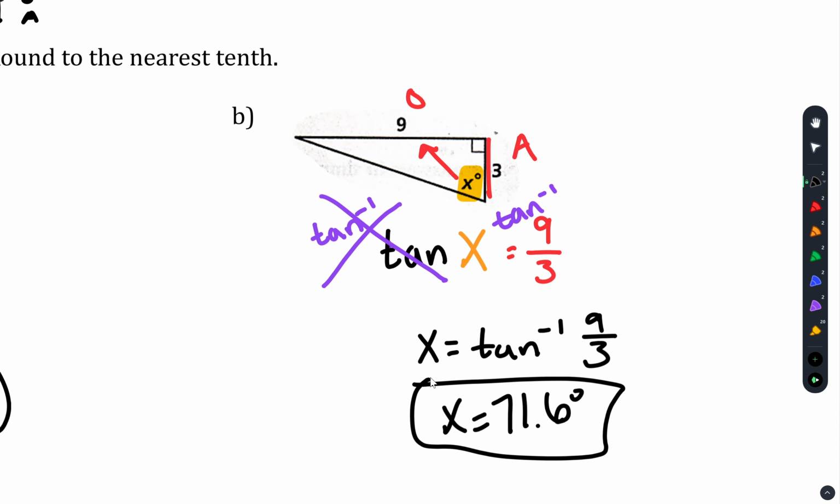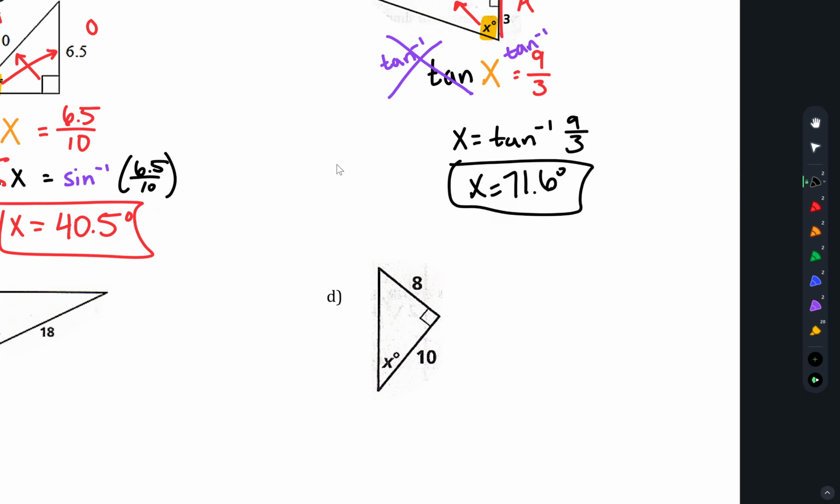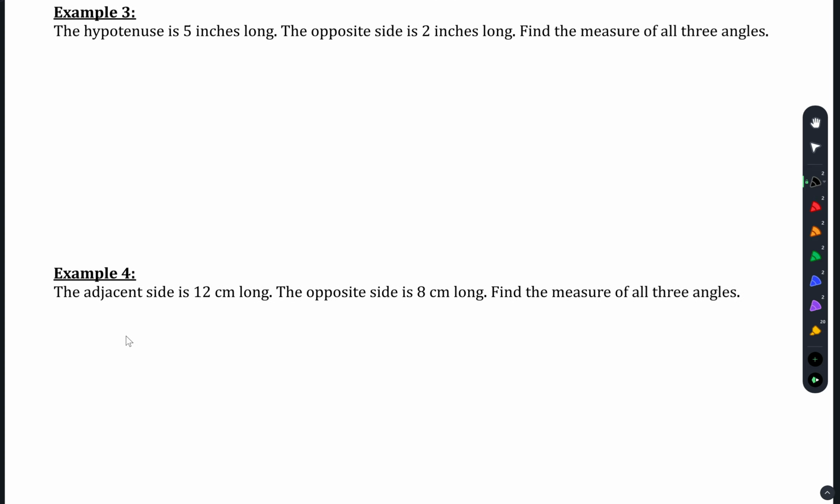Do we feel like we need to do more of these simple ones? Or can I move on to the harder word problems? Okay. Flip it over. These ones get tricky. Now that we have all of the tools in our tool belt, it's going to ask us to do more complicated things. So in these first two examples, the first thing that we're going to do is find all three angles in the triangle.